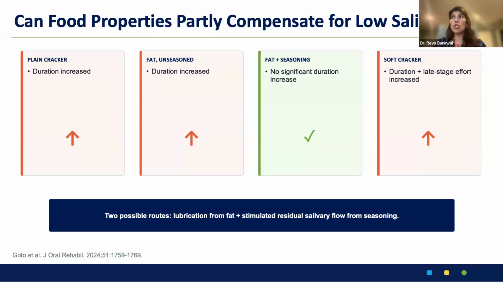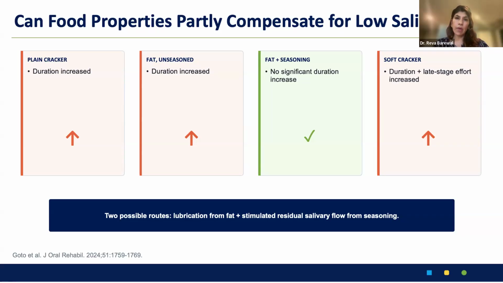What they were looking at was the duration of mastication. There was no significant increase in duration when there was fat and seasoning in the cracker, but in all other test conditions, the duration increased.